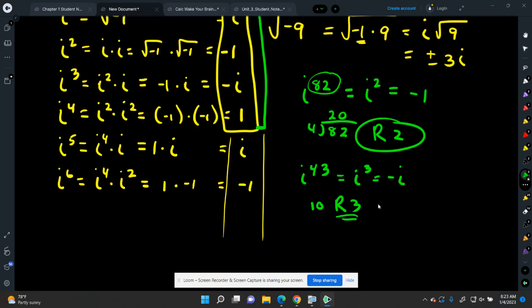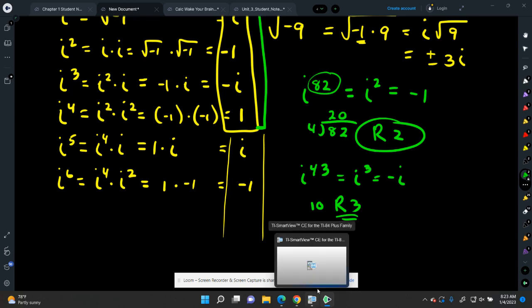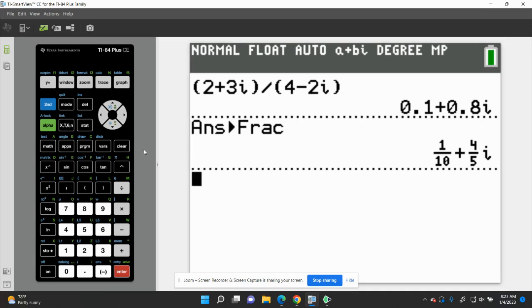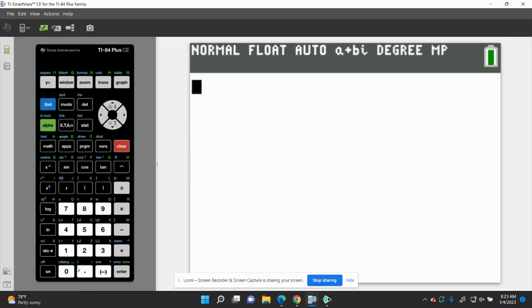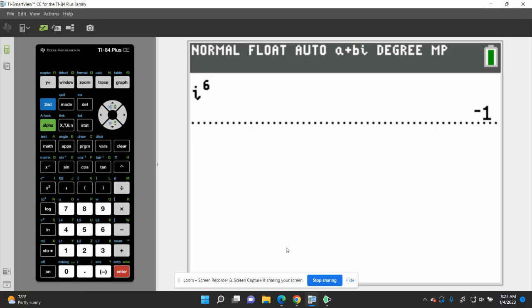Now, it turns out that your calculator can be a big help with the imaginary numbers, because your calculator does have imaginary numbers on it. If we look down here, right above the decimal point is the I. So if I do I to the sixth, I get -1.